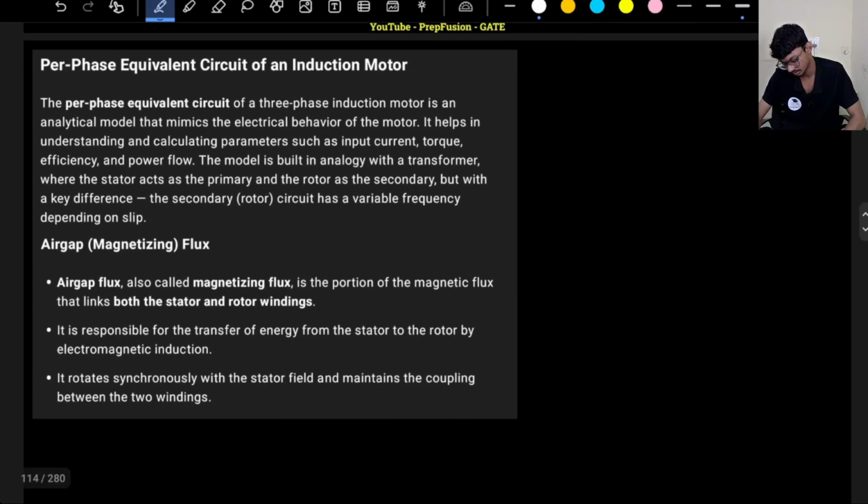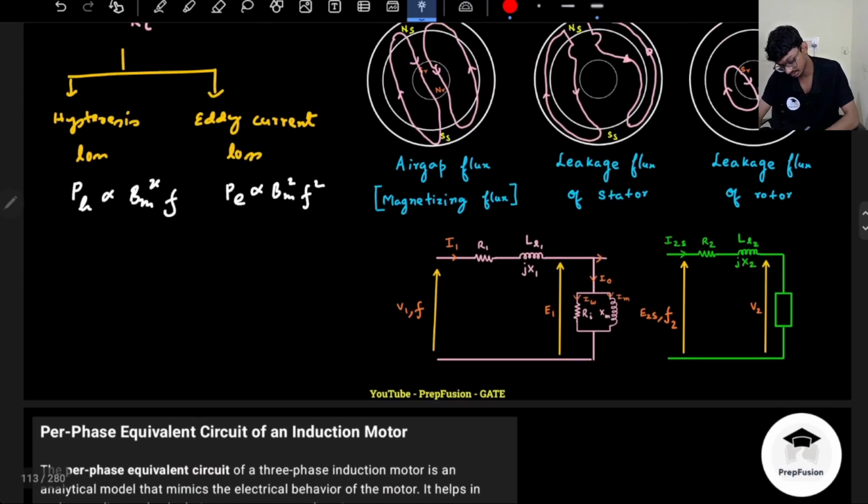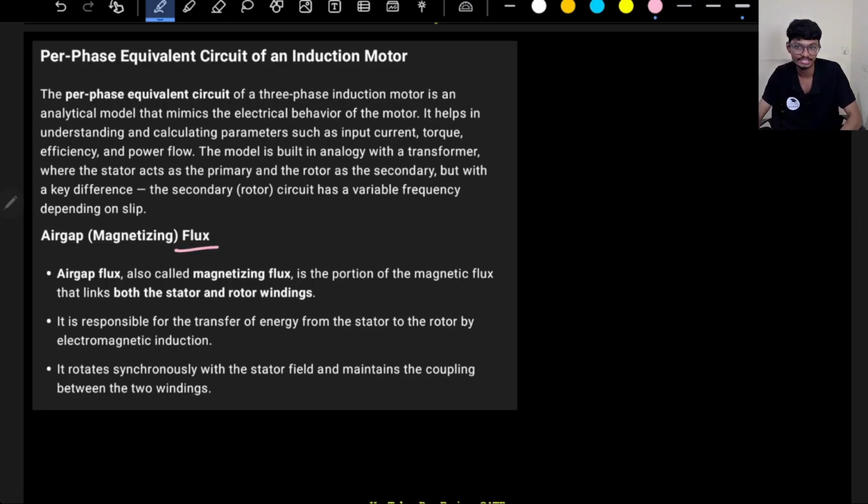So per phase equivalent, there will be air gap magnetizing flux, which is responsible for the magnetic induction. It rotates synchronously with the stator field and maintains the coupling. So why is this frequency f? If you remember the air gap flux, why is the hysteresis loss dependent on frequency f and not sf?